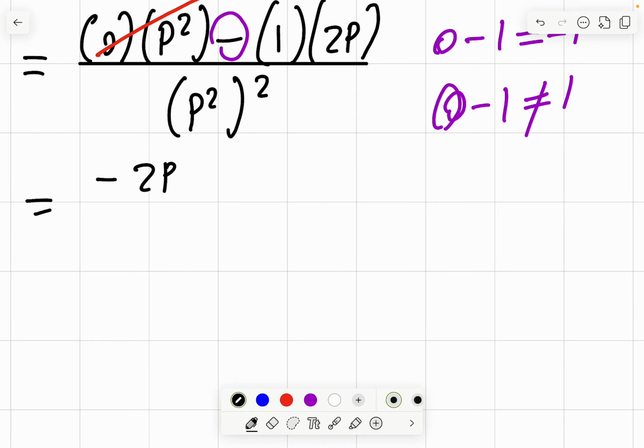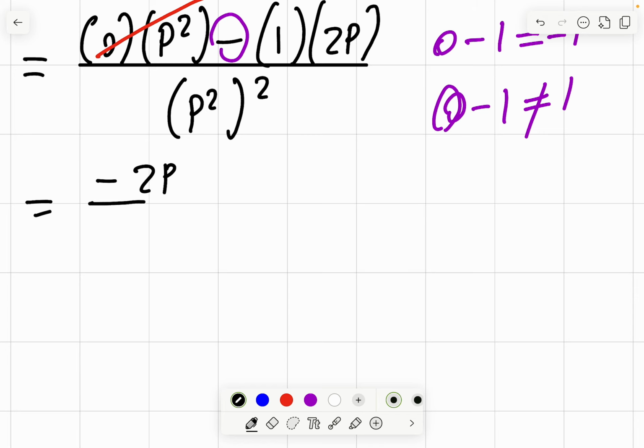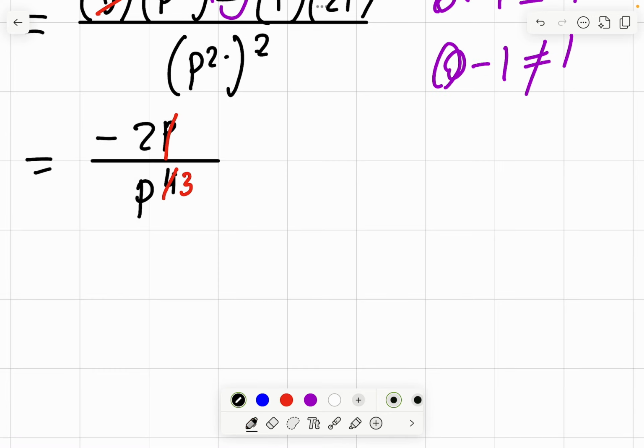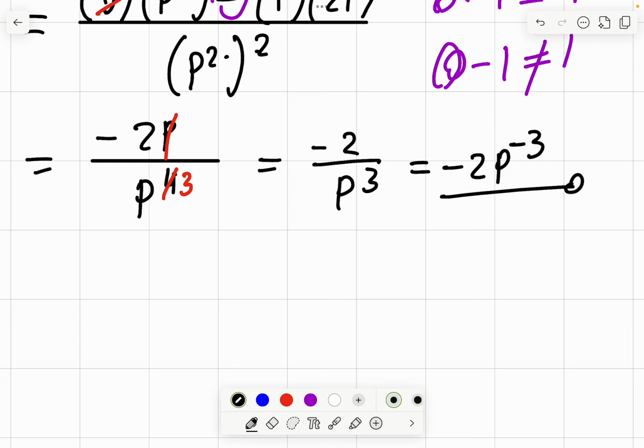Sometimes the mind can remember things that are not correct, so you must confirm your things. So we're going to be left with 2p over p to the 4. We cancel one of the p, then we're left with 3 of them. So my answer is going to be negative 2 over p cubed. I can rewrite that as negative 2p to the minus 3. That's my final answer.